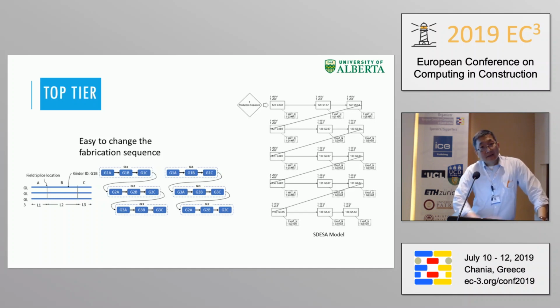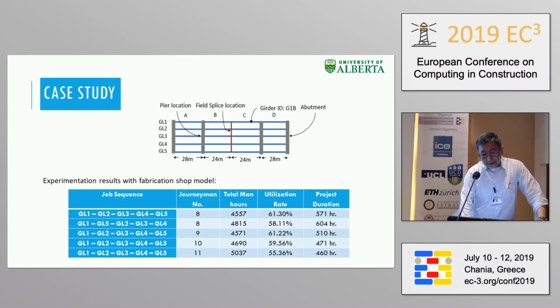It can very flexibly adjust the sequence of processing different girder lines, different bridges, and answer what-if scenario type questions by simulation. In this case study, I just show you a simple bridge with 5 girder lines, and different sequences and different numbers of trades or resources available have been tested. Then we can quickly identify the best solution here in terms of duration and labor cost.